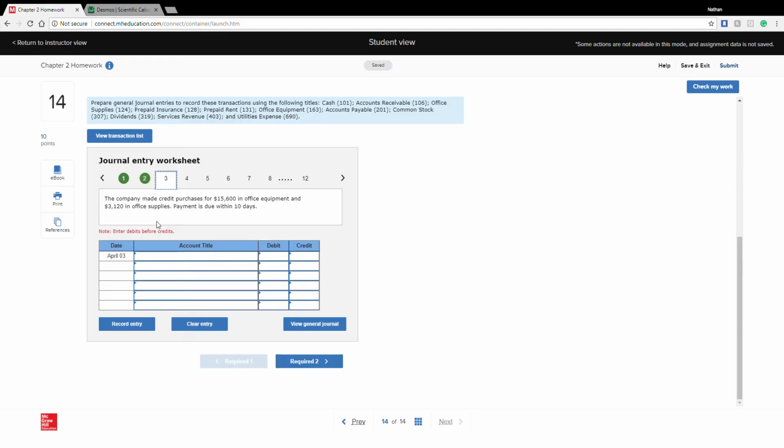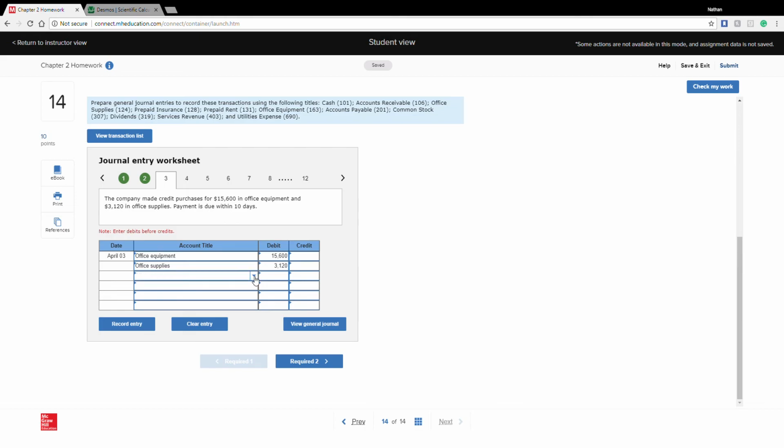3. Company made credit purchases for $15,600 in office equipment and $3,120 in office supplies. So what did we take ownership of on these 2? Well, we have office equipment we took ownership of, so it increased by $15,600. We took office supplies, also increased by $3,120, and it said that it was made on credit.